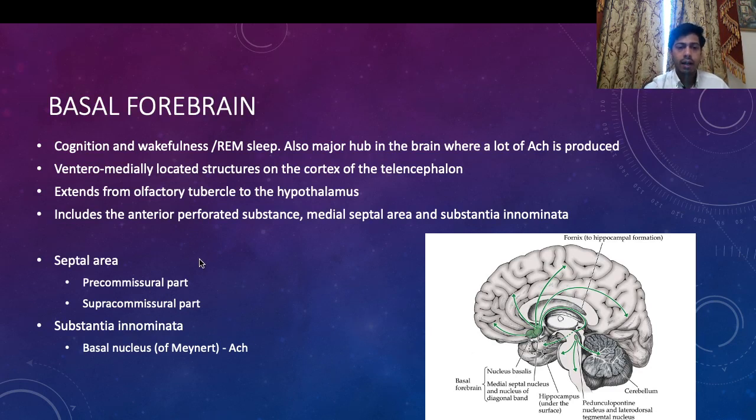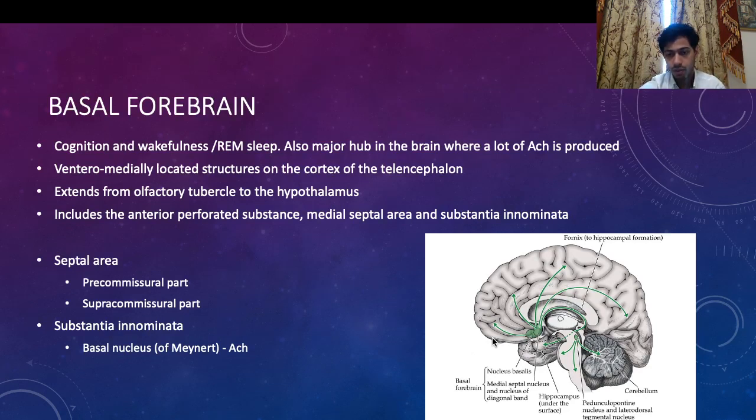and anatomically, where is it located? So it's a ventromedially located structure on the cortex, the telencephalon. This is our thalamus here, so it's obviously anterior to that, and more medial to the basal ganglia, you could say. And it's an extension from the olfactory tubercle to the hypothalamus.